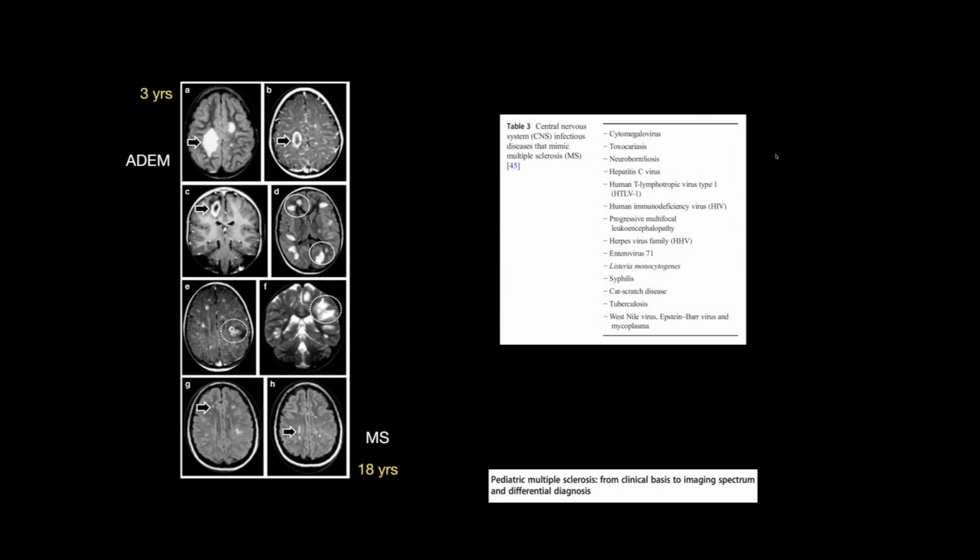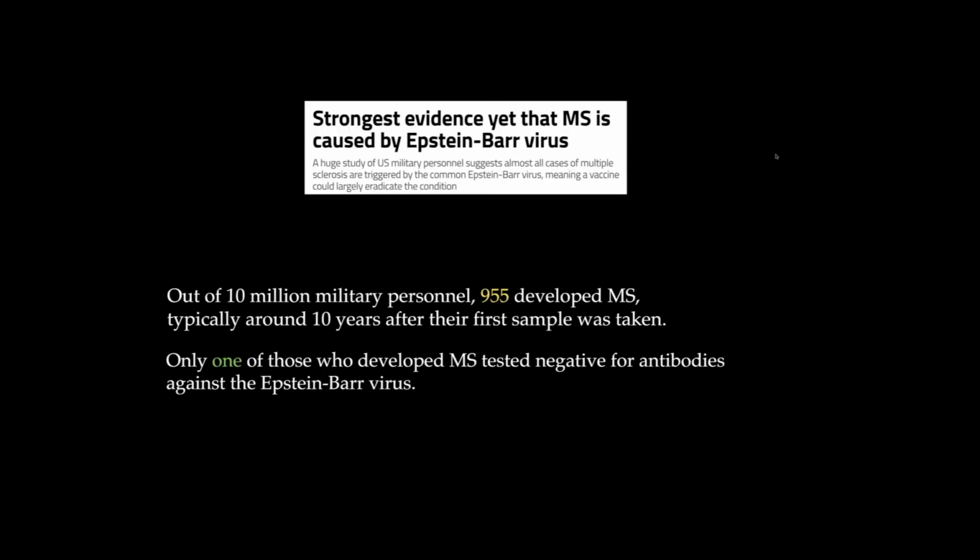I was just asking because this just came out today, citing a strong correlation for Epstein-Barr virus causing MS. Out of 955 patients, they found only one patient without an antibody for Epstein-Barr virus. But this is antibody they did, right? So they have to check the normal population also.